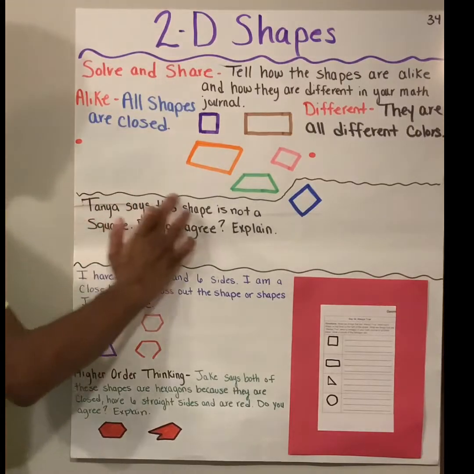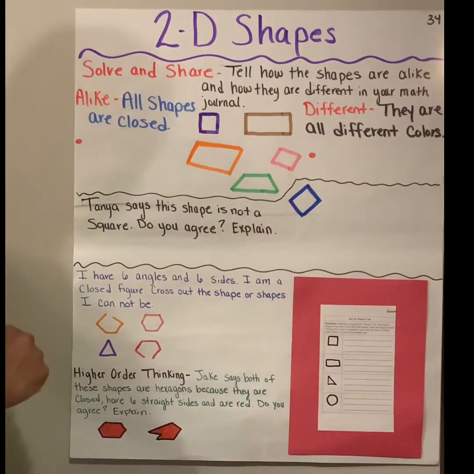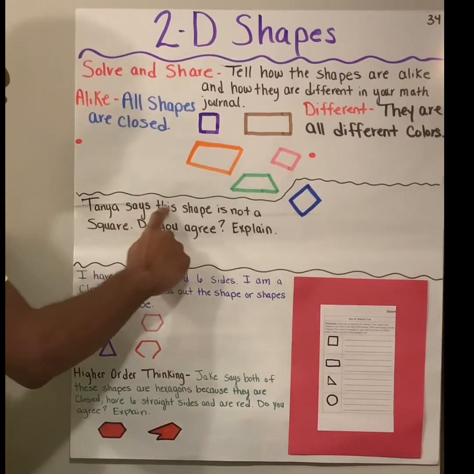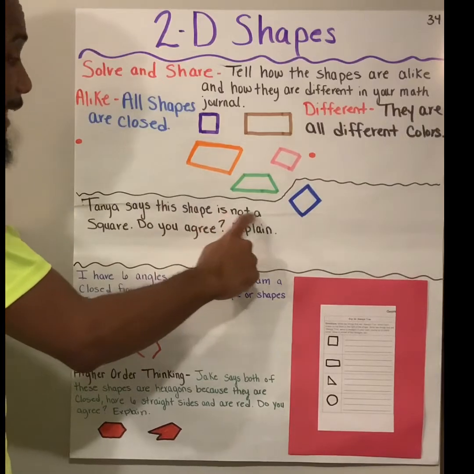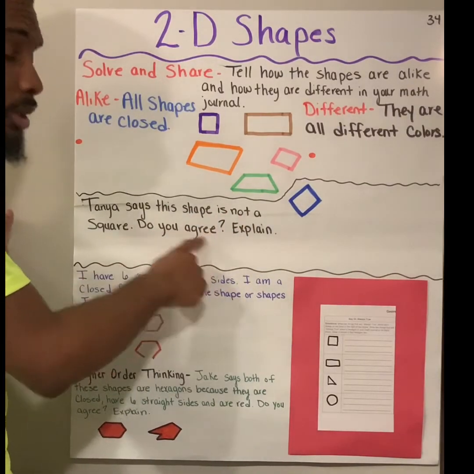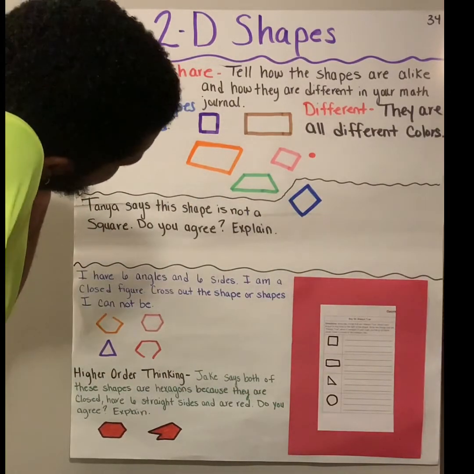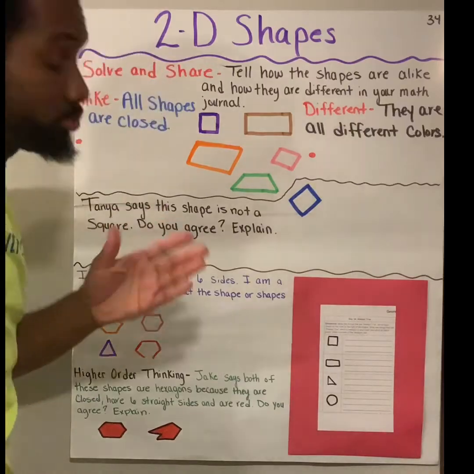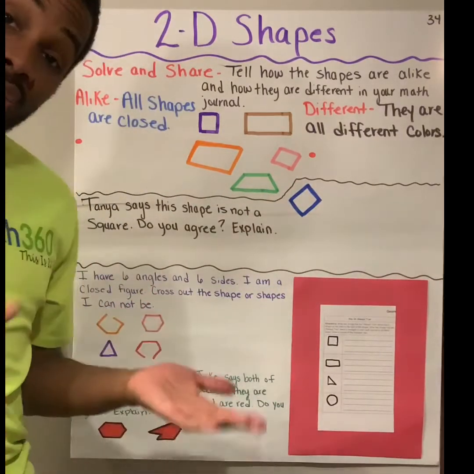Next, so now I drew a line because this shape belonged to this problem, okay? So it said Tanya saw this shape. Tanya says this shape is not a square. Do you agree? Explain. So I'm looking, I mean, it seems like all sides are equal.